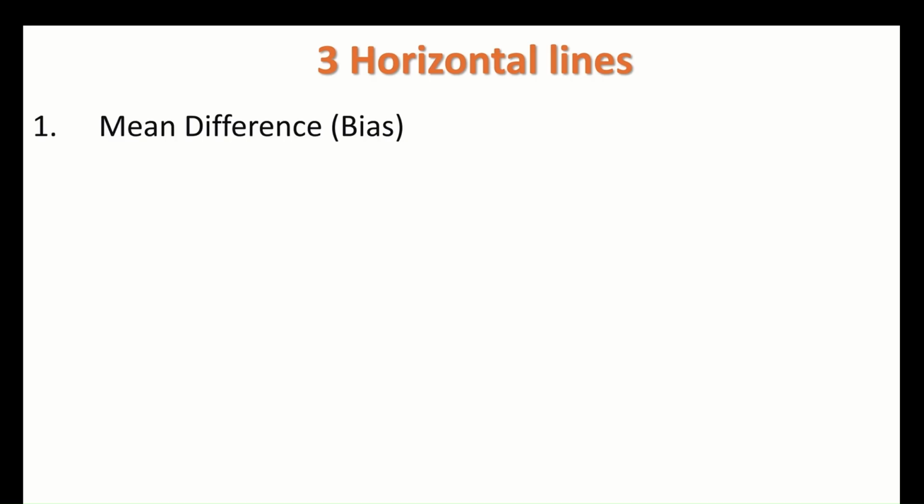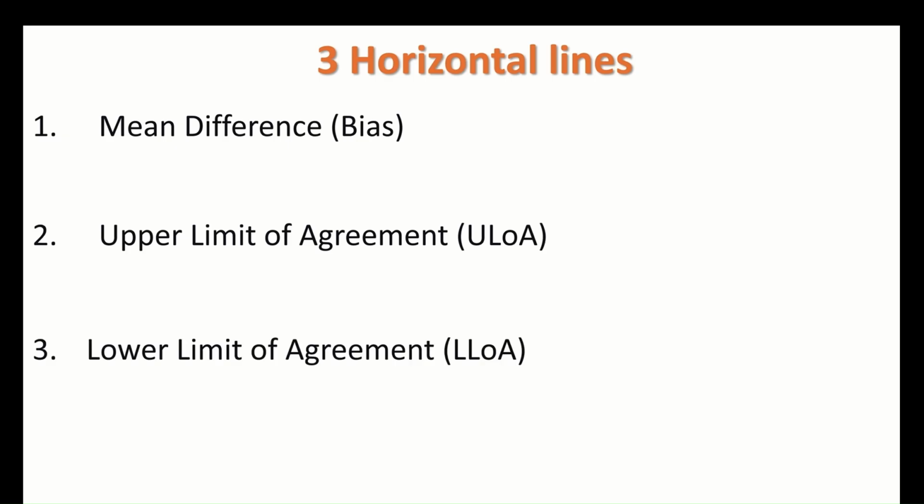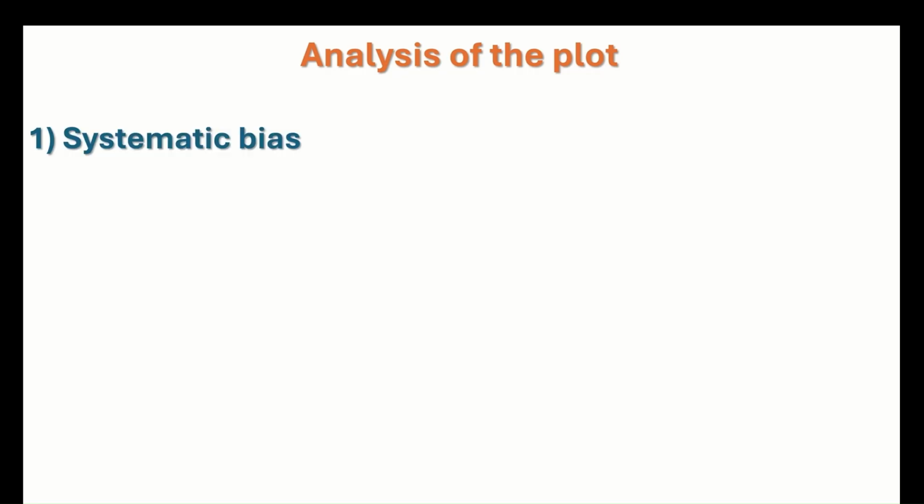To recap again, there are three vital horizontal lines in the Bland-Altman plot. The first line is the mean difference, the second one is the upper limit of agreement, and the third one is the lower limit of agreement. So how do we analyze the plot?